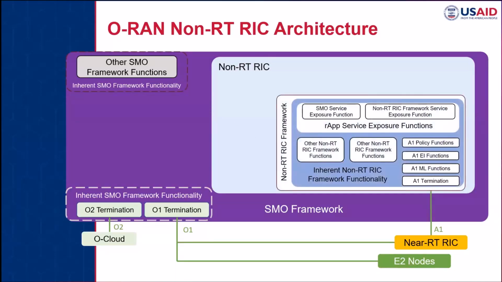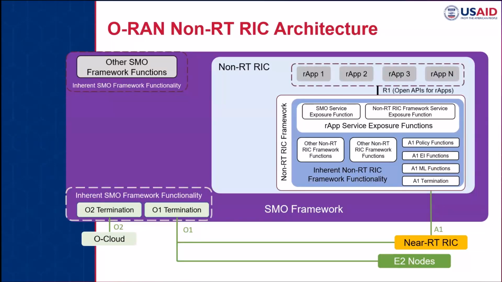Inside it, you can see the non-real-time RIC framework, where there are app service exposure functions, inherent non-real-time RIC framework functionalities, and different functions like policy, E1, machine learning, and termination. On top of this non-real-time RIC framework are the R apps, connected by R1.